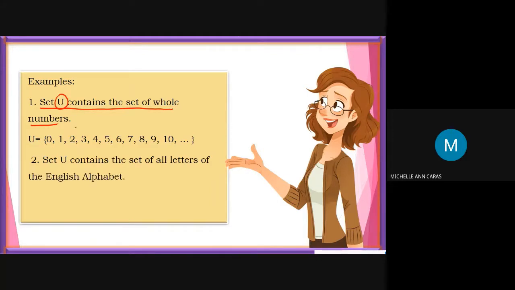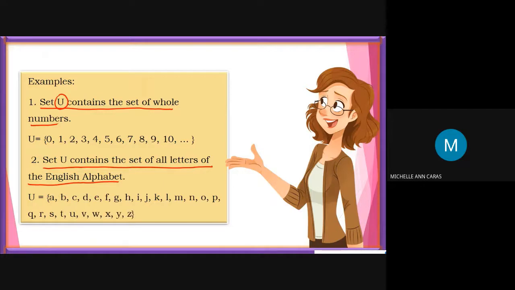We have set U containing the set of all letters of the English alphabet. So what are all the letters in the English alphabet? Our set U is equal to A, B, C, D, E, F, G, H, I, J, K, up to X, Y, Z. Take note, it contains all letters in our English alphabet.